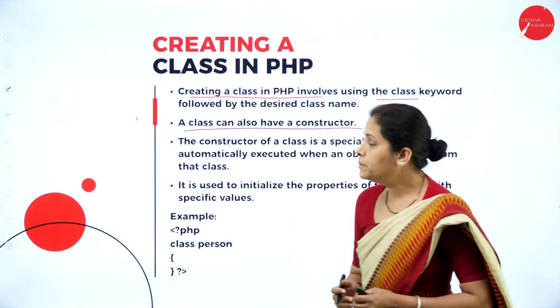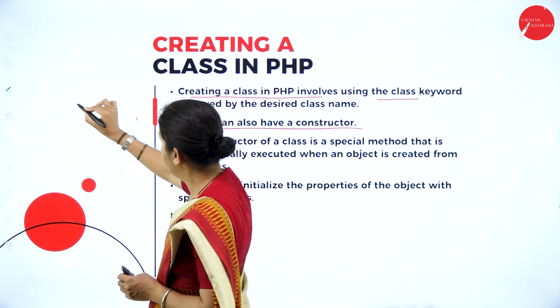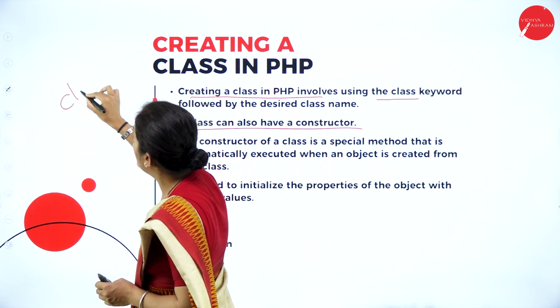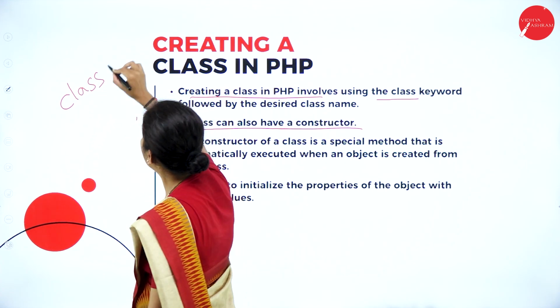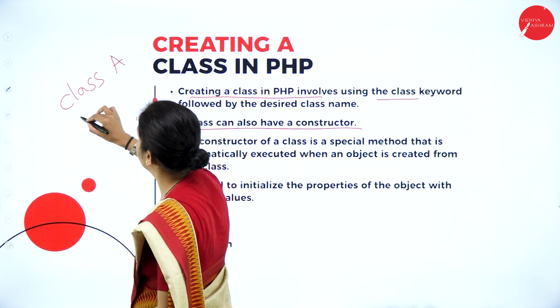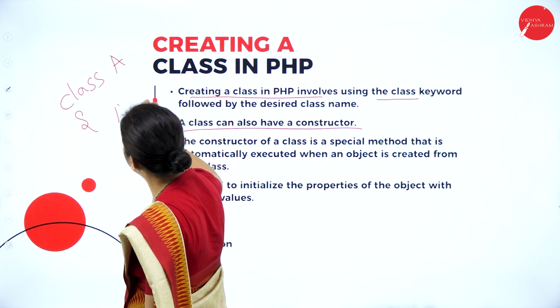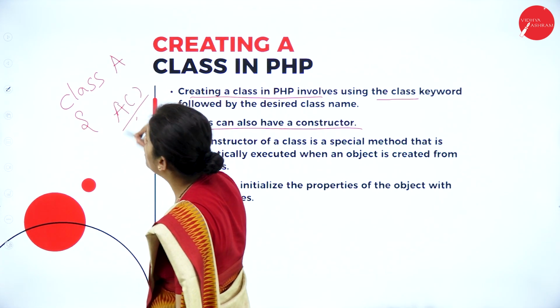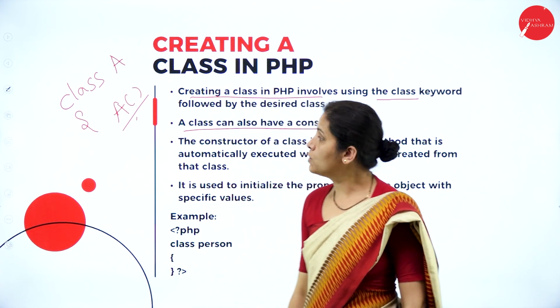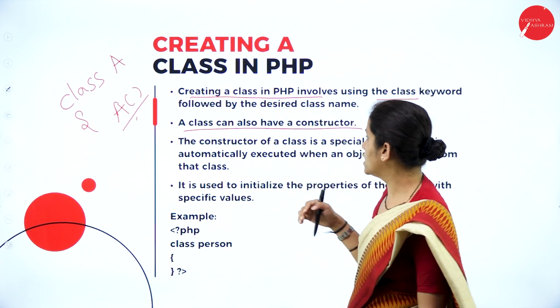So dear student, let me write the class here. To create class, I am going to use the keyword called class, and A is nothing but the class name. And if I have a method same as class name, then it is called as constructor. So class can have the constructor.